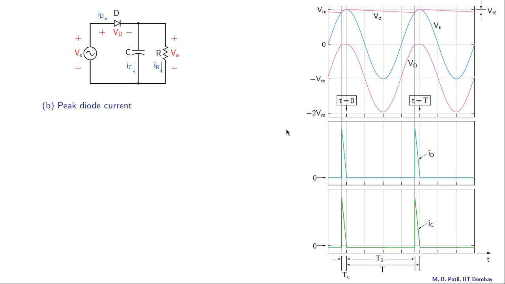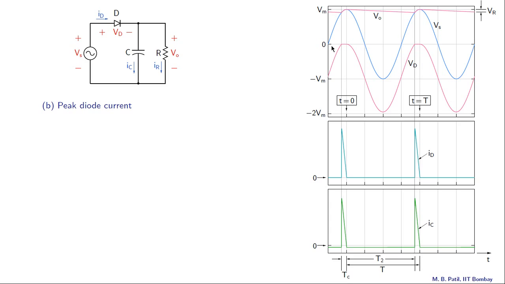And to answer those questions, let us once again look at the interval in which the capacitor is getting charged, that is when the diode is conducting, that is this interval here. And we are interested in finding the maximum value of dVs/dt in this interval.